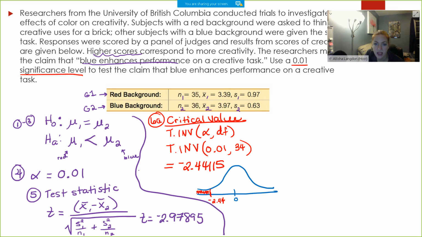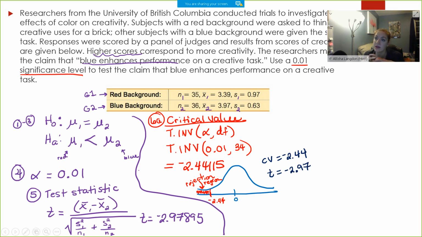Anything smaller than that is going to be in that rejection region. Reject. Okay, rejection region right in there. Now, we need to compare our test statistic to see which one is smaller. So our critical value is negative 2.44, and our test statistic t is negative 2.97.